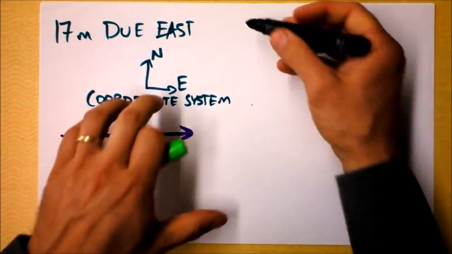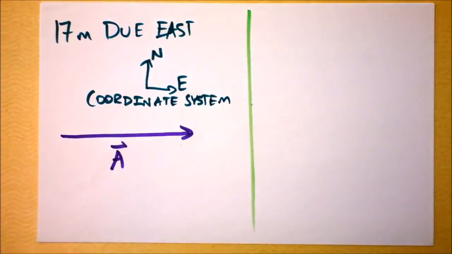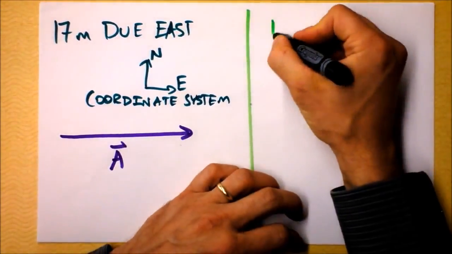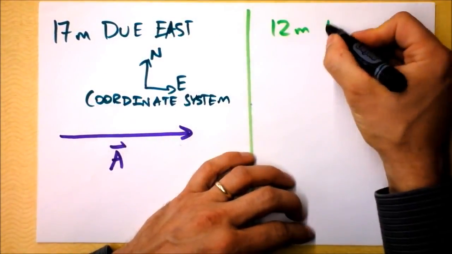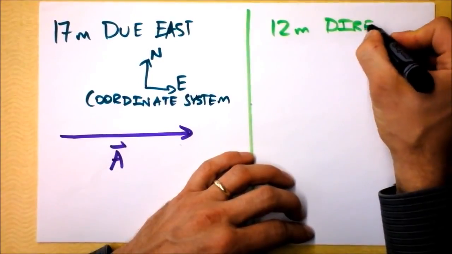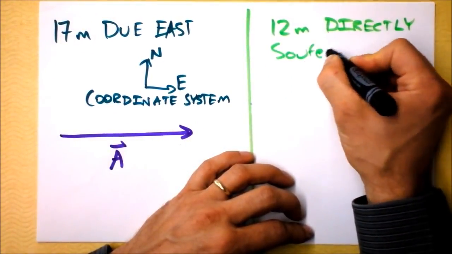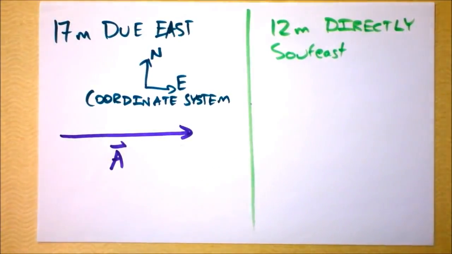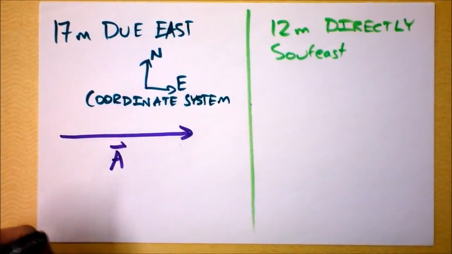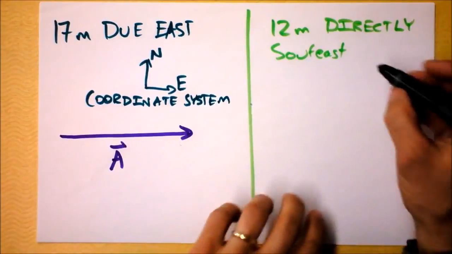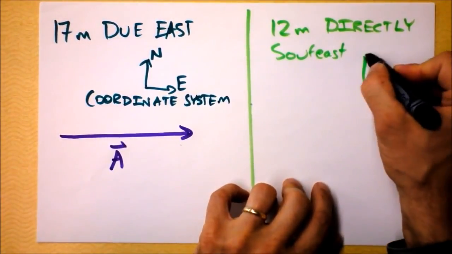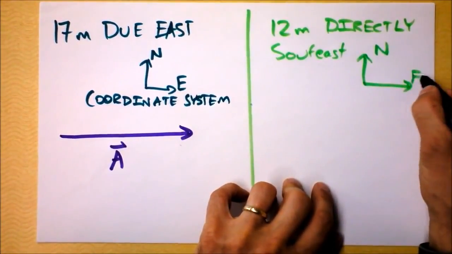So let's do another problem. This next problem is a little bit more fun. What about this one, which is supposed to be 12 meters directly southeast? Could I use my same coordinate system? Yeah, let's make another coordinate system that looks like that, with north that way and east that way.